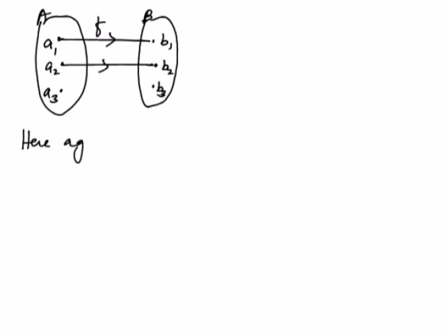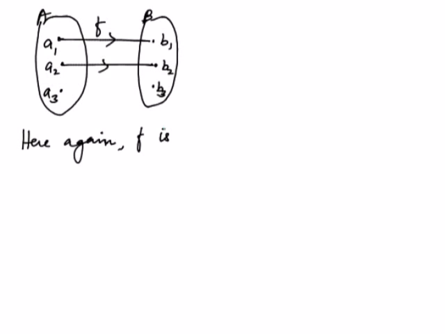Consider this situation. There are two sets A and B. A contains elements a1, a2, a3 and B contains elements b1, b2, b3. Now we define a relation a1 to b1, a2 to b2, and a3 is left as it is.